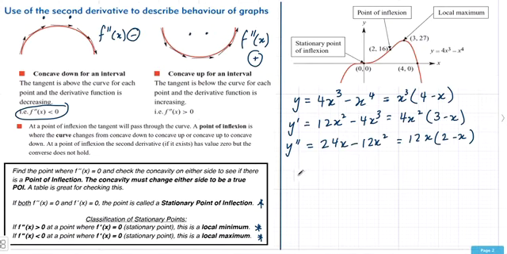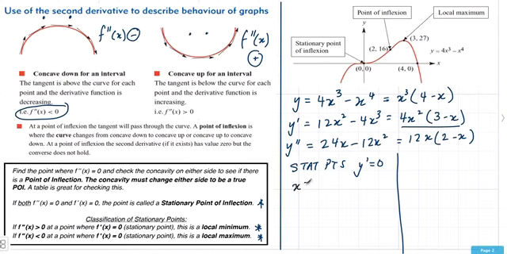The first thing is we're going to look for any stationary points. And we do this by looking for any points where the first derivative is 0. It's really easy to tell when the first derivative is 0, because you have to find x values that make this 0 or that 0.